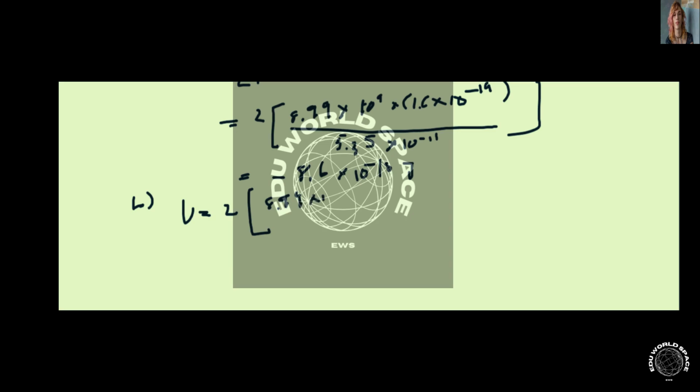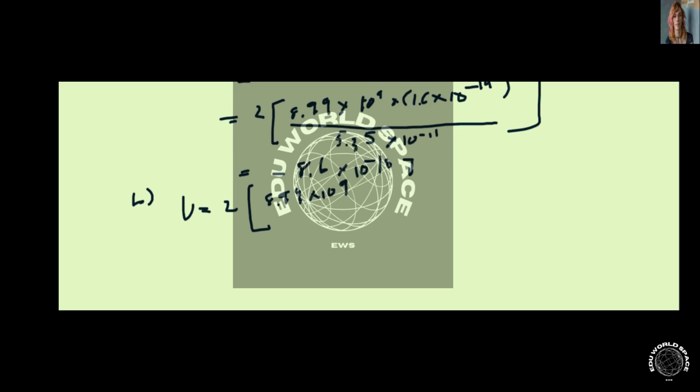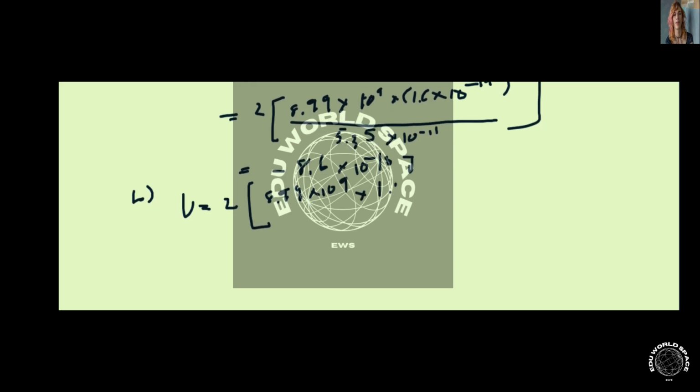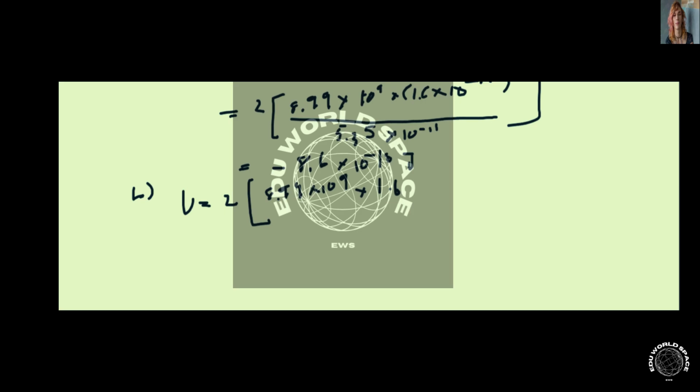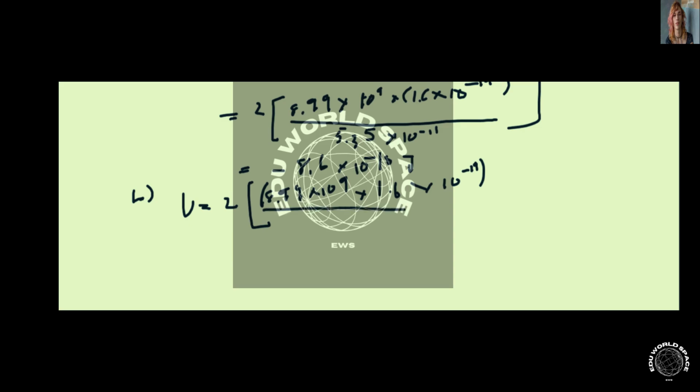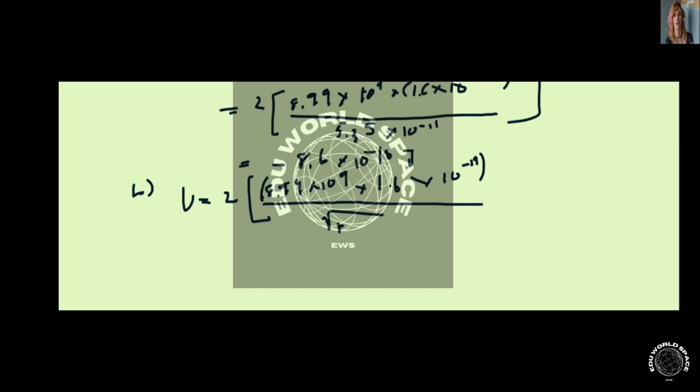So it's 8.99 times 10 to the power of 9 times, again, since it's two protons, 1.6 times 10 to the power negative 19. But this time, as I mentioned before, the radius is equal to the square root of r squared plus the distance x squared.